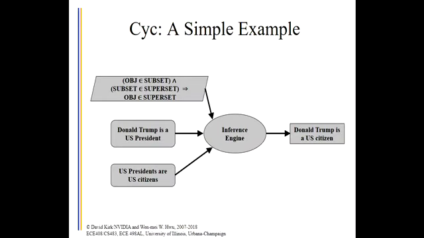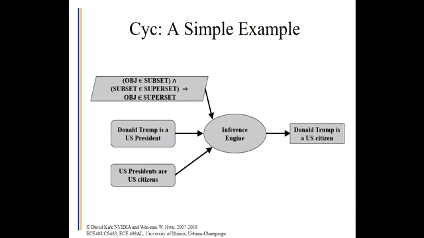Sorry. Donald Trump is a U.S. president, and then U.S. presidents are U.S. citizens. So these are two statements, two observations. And then the inference engine could just go in and start to crank, applying the rules with these statements, and feeding the statements into these rules. So Donald Trump is an object that belongs to a subset of the U.S. citizens, right?